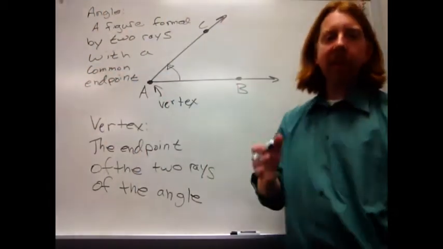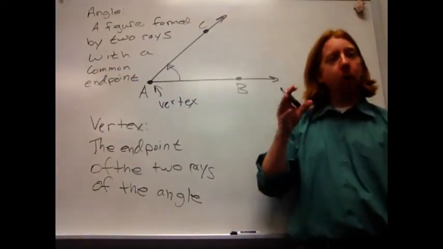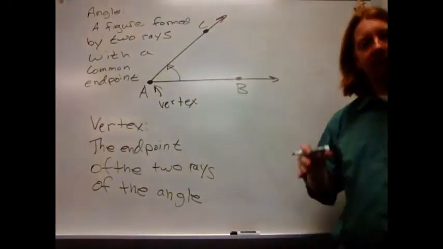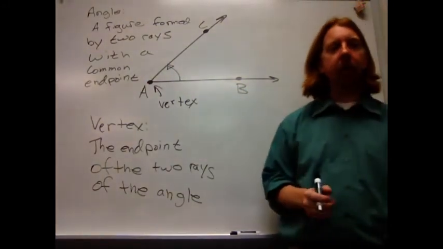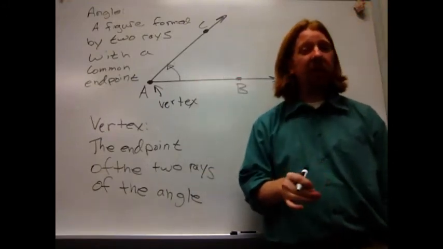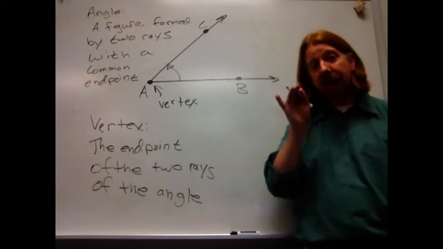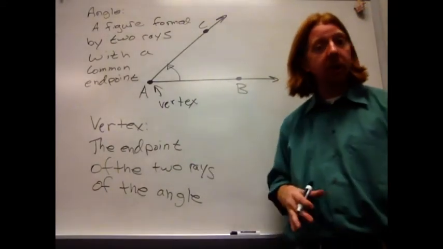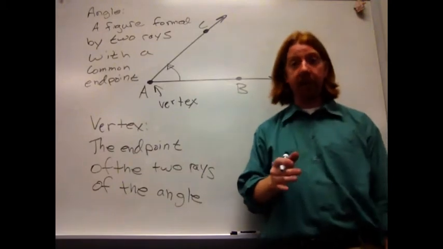Most people commonly call the vertex the corner of the angle, the point where it all meets up and turns, if you will. Now, this angle has a name. This is one of those things that we often blitz through that you cannot afford to not know how to get right because it's going to influence everything we talk about as far as angles go for the entire year.